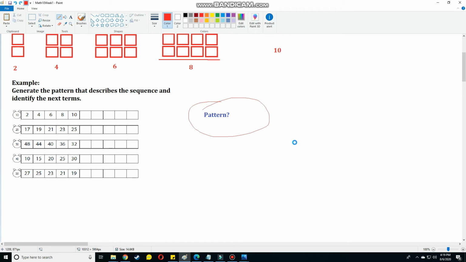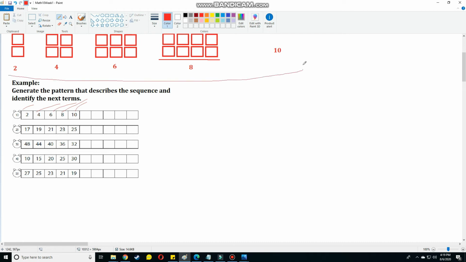The first one is 2, and then we have 4, 6, 8, and 10. So let's look into the terms: 2, 4, 6, 8, 10. What could we observe on that? We could observe that on the first term there was 2, on the second term there was 4, on the third term there was 6, and then 8, and then 10.